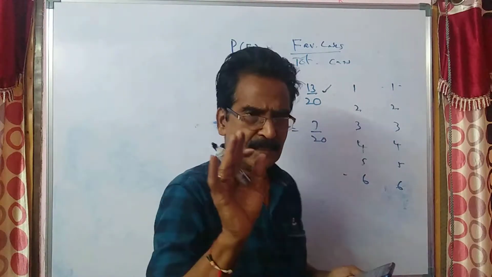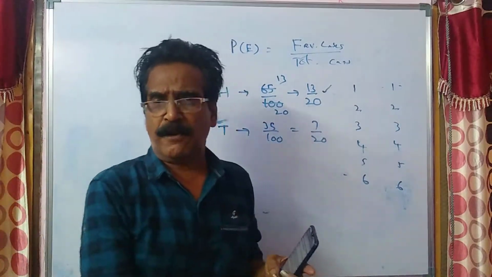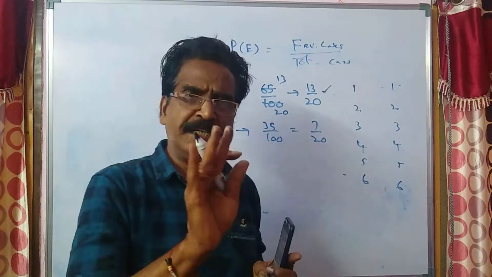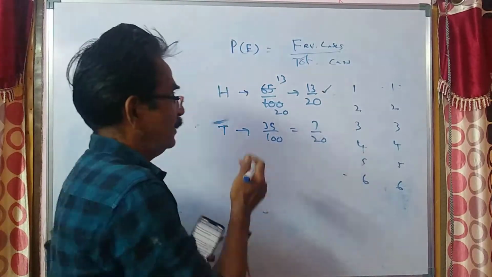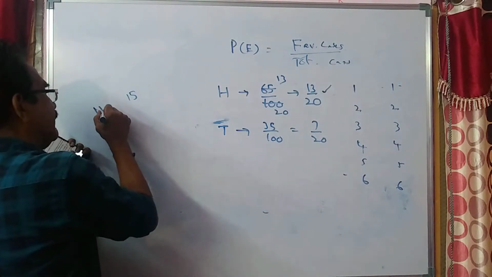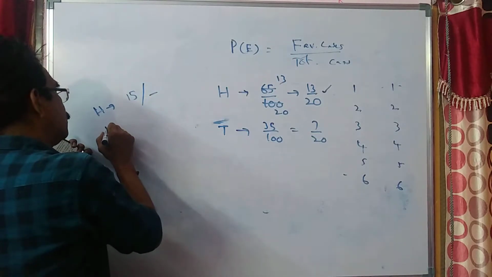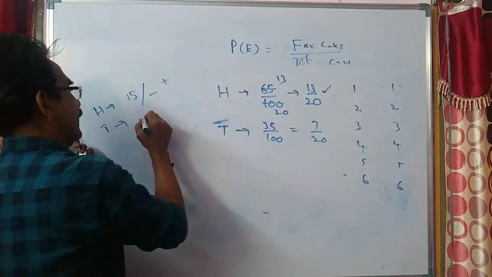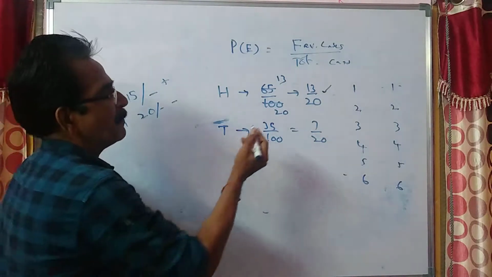That is the question. See, let us say he has thrown the coin 20 times. He gets 15 rupees per head. If he throws head, he gets 15 rupees. If he throws tail, he loses 20 rupees.